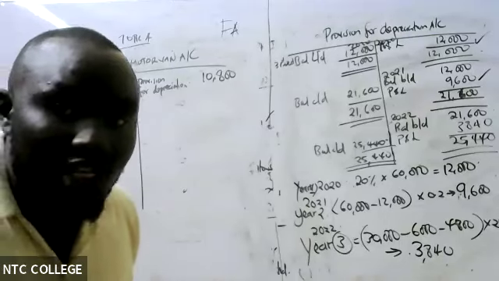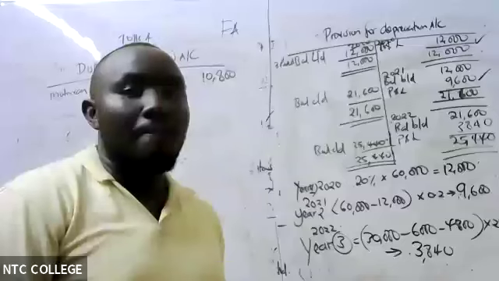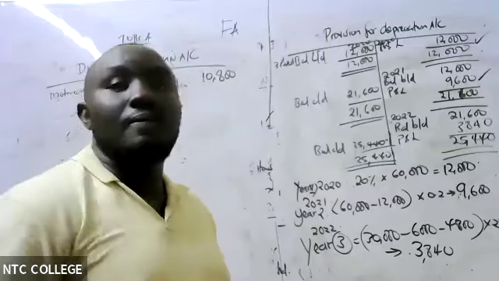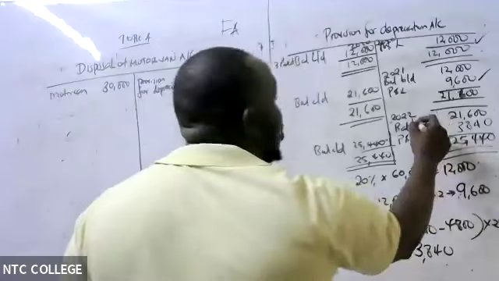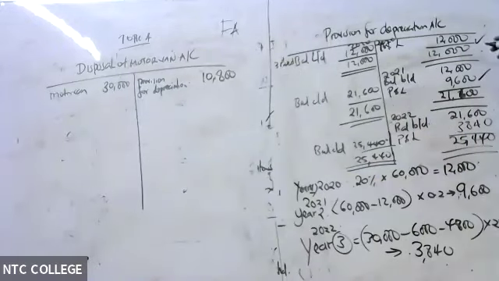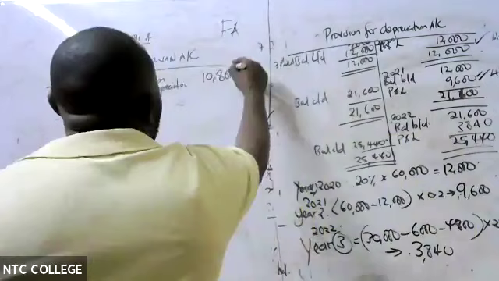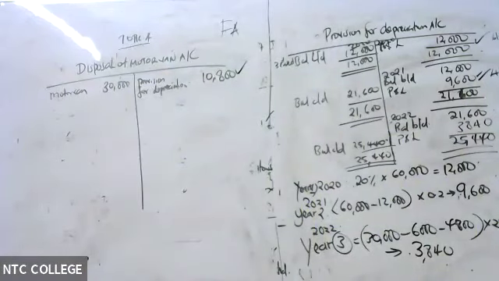Remember these are depreciation for two assets. It had depreciated 6K in the first year, and the second year 4,800. So before the time of disposal, this asset had lost a value of 10,800.